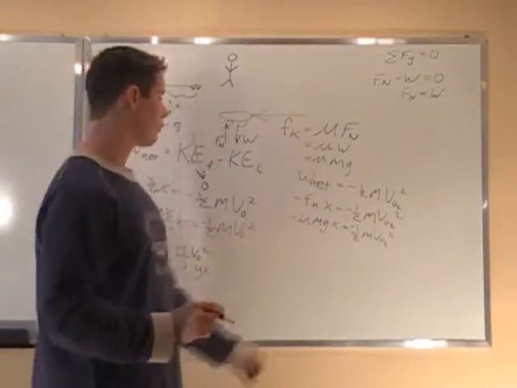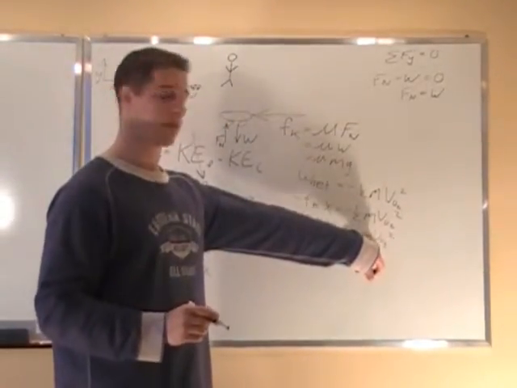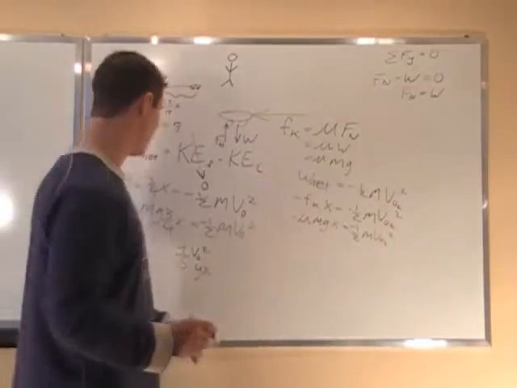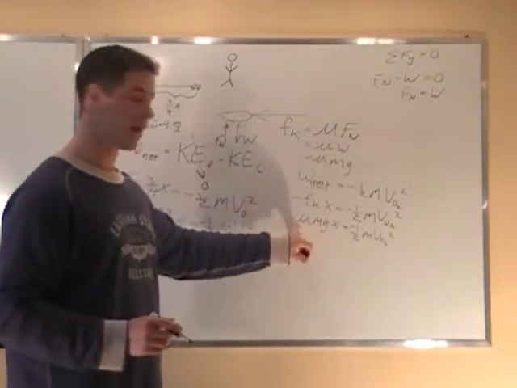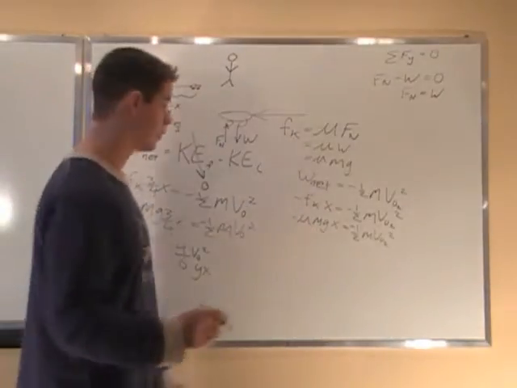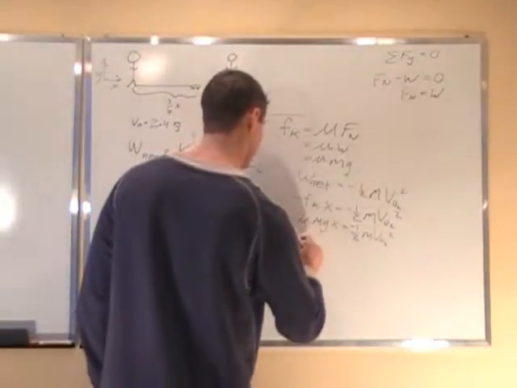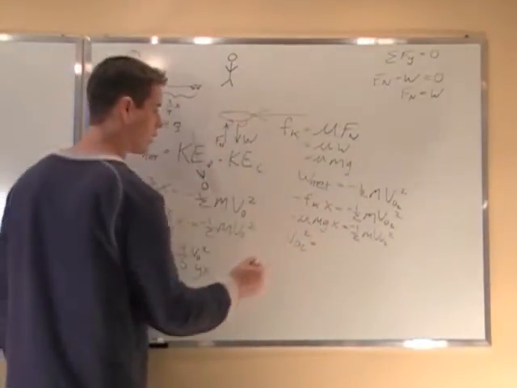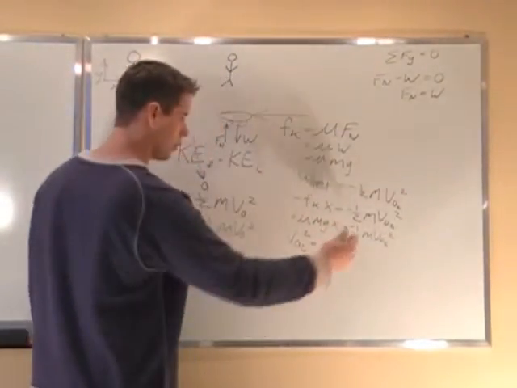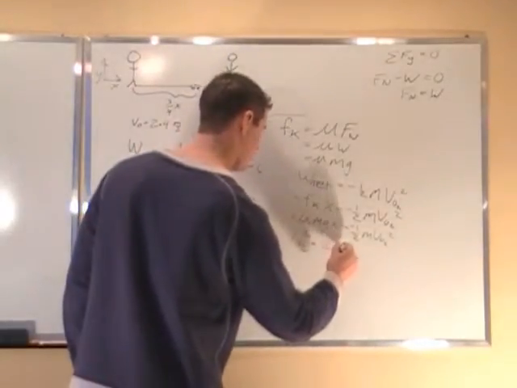We're looking for v naught 2, so I'm going to solve for v naught 2. I'm going to plug mu in here so we can get rid of mu, and our x's will end up canceling. Solving for v naught 2 squared, the negatives will cancel out.